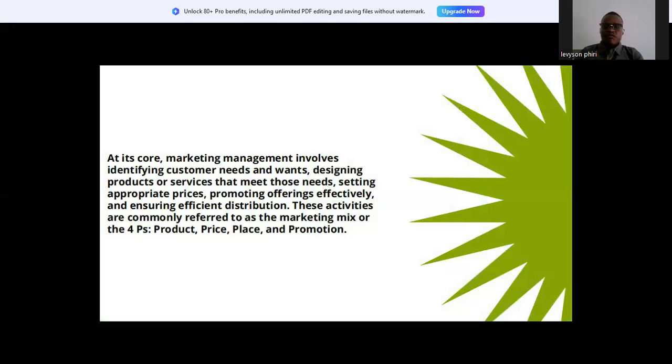So at its core, marketing management involves identifying customer needs and wants, designing products or services that meet those needs, setting appropriate prices, promoting offerings effectively, and ensuring efficient distribution.